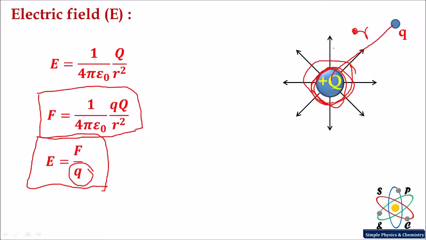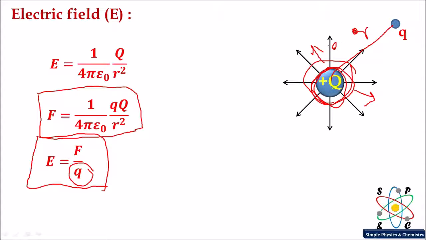Now I have drawn this arrow here as it is a positive charge, because for a positive charge the field lines actually start from the charge itself and go towards infinity. So if you have another positive charge here, it will be repulsed by this charge and will move away from this charge.